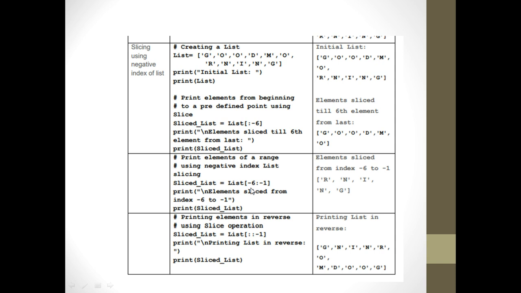And here again, this first element will not get printed, so it will be from minus 5 onwards, minus 5 till minus 1. So please remember, in the range there is always an element which is not printed.